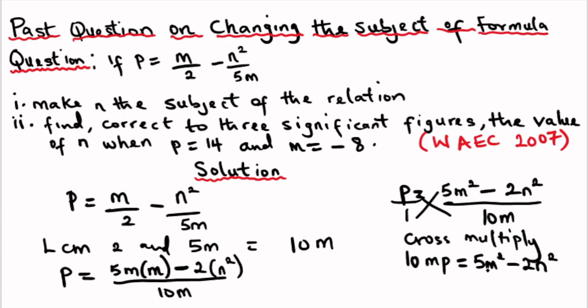So the next thing we're going to do is to take 5m squared to the left hand side so that minus 2n squared remains on its own. Which is 10mp minus 5m squared equals minus 2n squared.